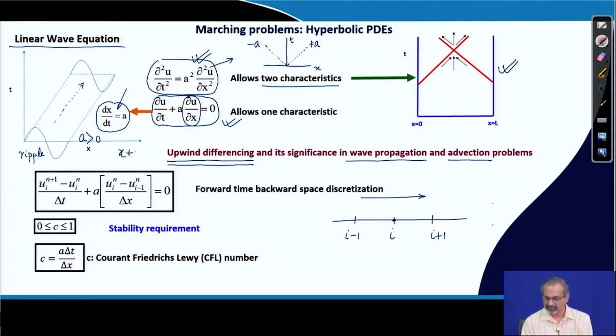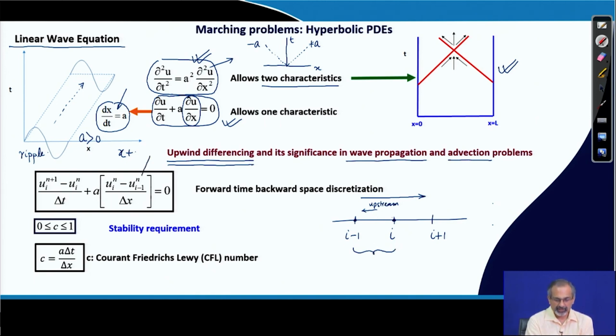If you are standing at this point, you have to look upstream, that means the direction from which the disturbance is propagating towards you, and pick a point suitably from that direction in order to approximate the derivative. This is basically the backward differencing that you learnt earlier.